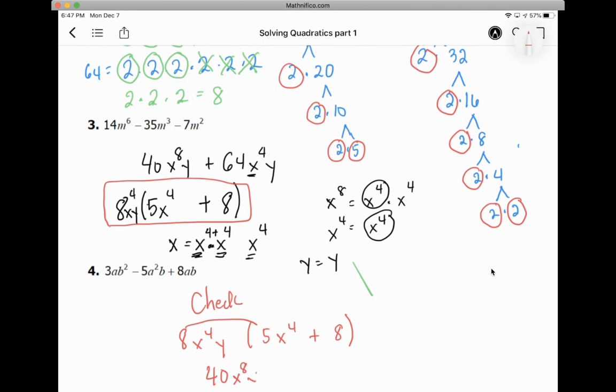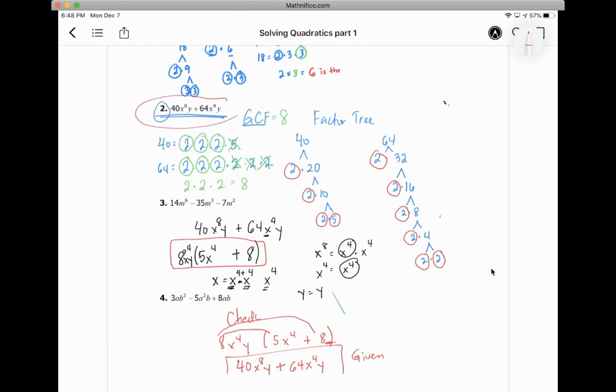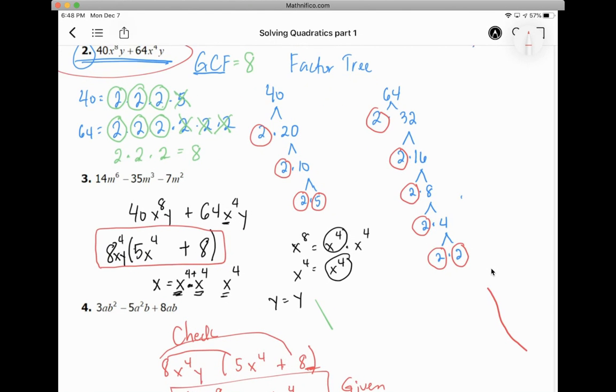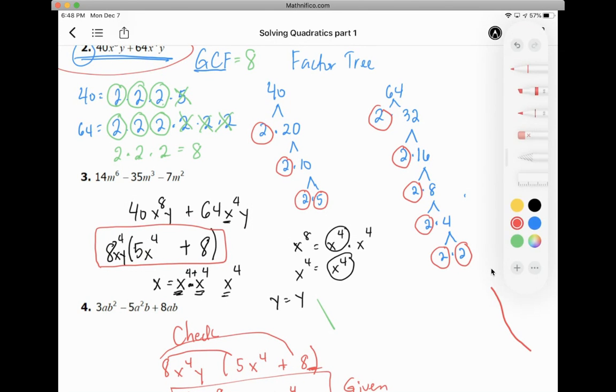And of course, y, and plus 8 times 8 is 64. There's nothing here, so that's x to the fourth and y. So this is pretty much what is given in the problem right here. Therefore, our factors are correct. So this is your final answer.